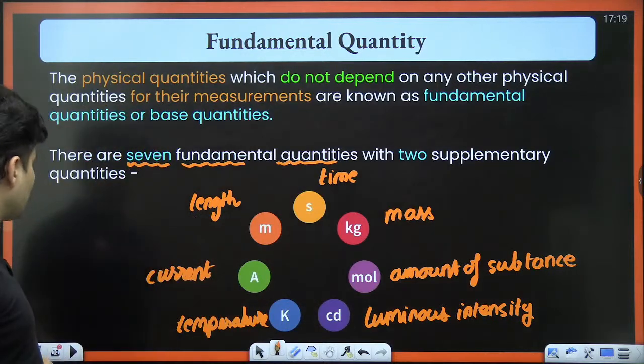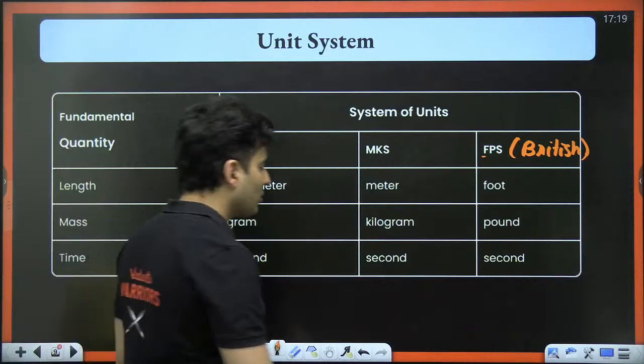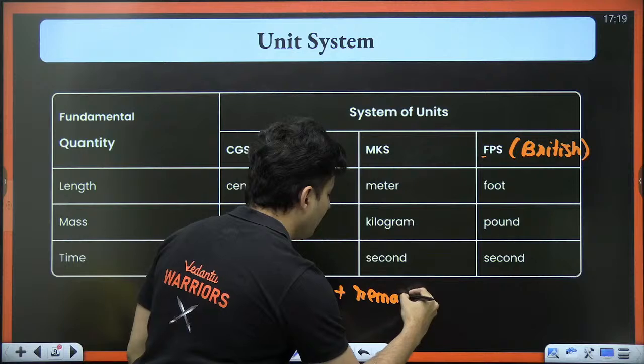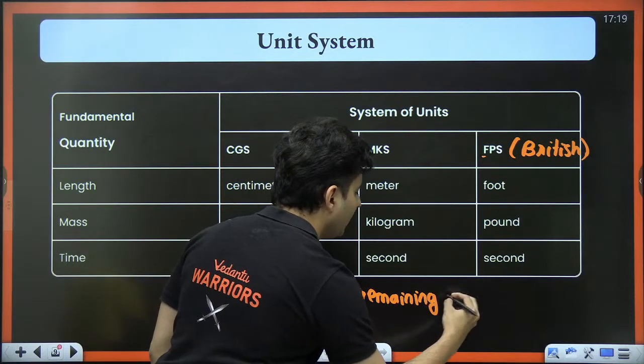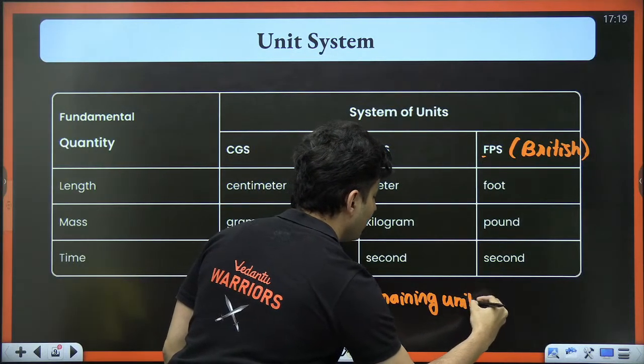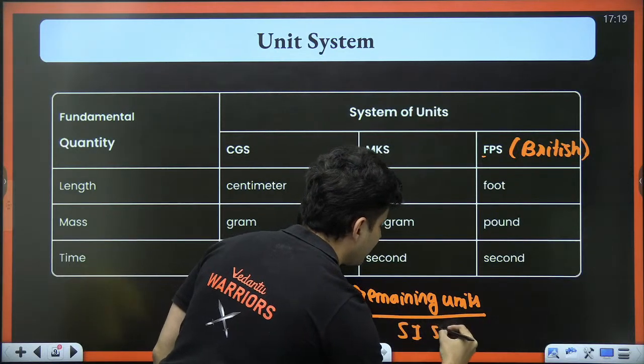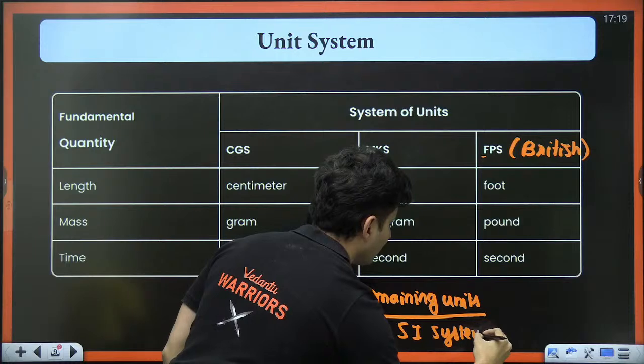Then it was called the SI system. So MKS plus the remaining units becomes technically your SI system of units.